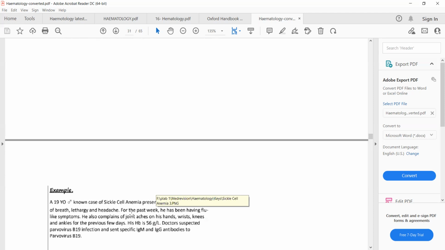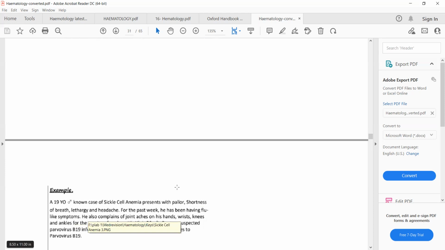Let's read the remaining question. For the past week, he has been having flu-like symptoms. He also complains of joint aches in his hands, wrists, knees, and ankles for the previous few days. Flu-like symptoms signify the diagnosis of parvovirus B19.